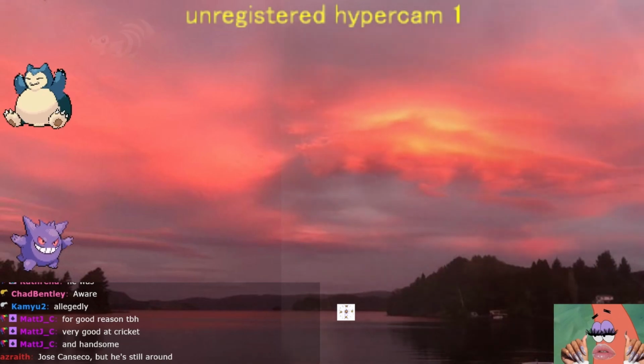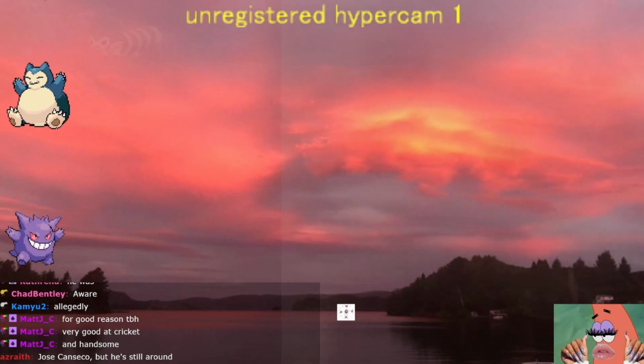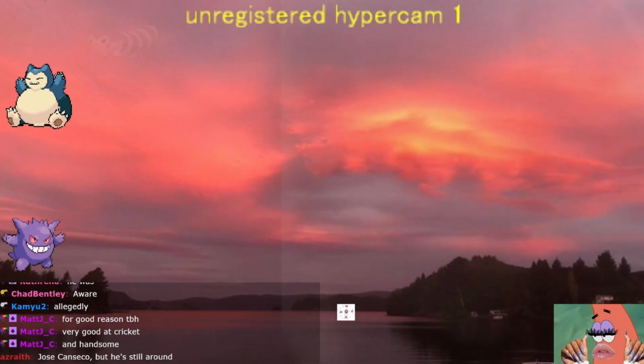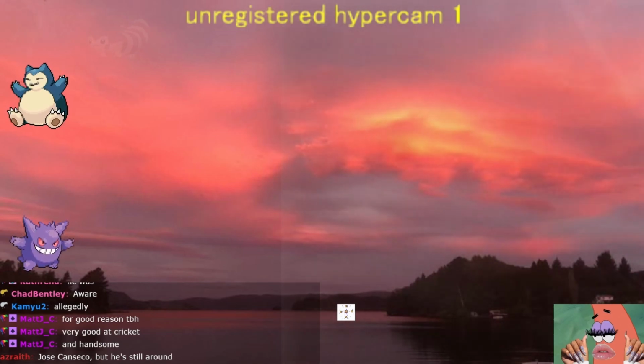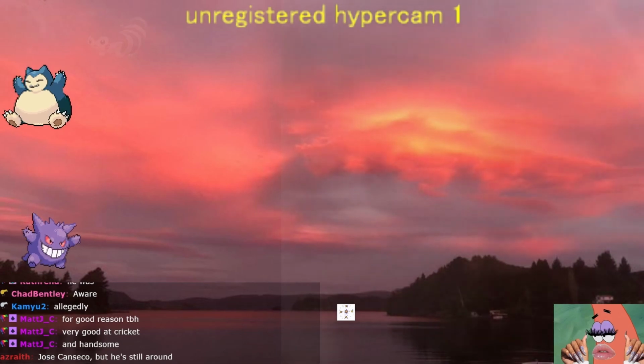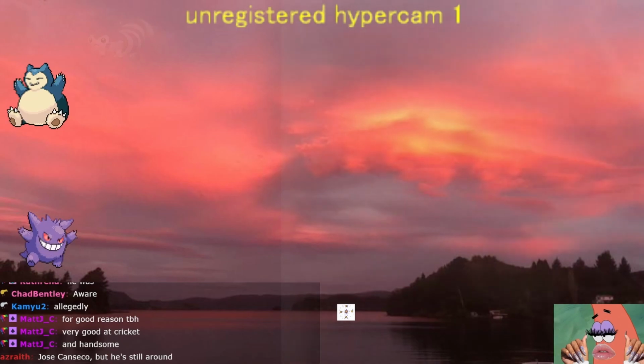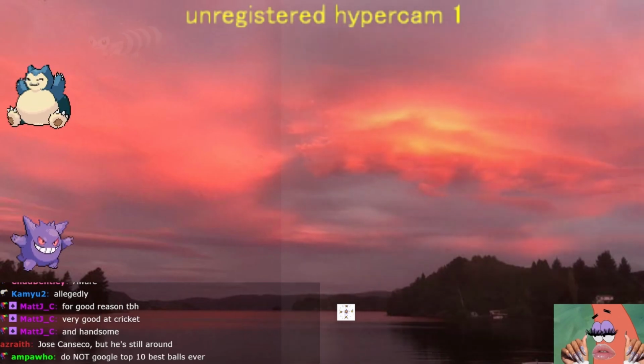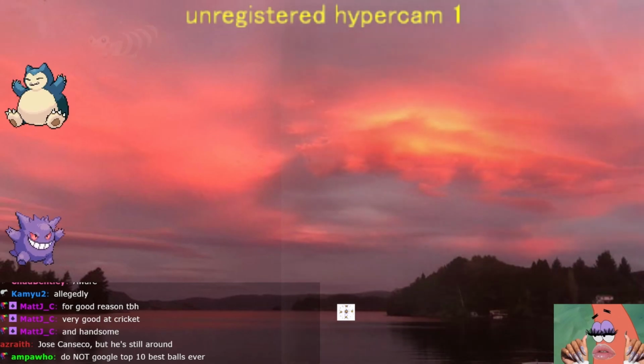I wonder if there's a, hold on. Cricket ball grips. I wonder if I can find a good image for showing the different ways that you grip the balls for different bowling types. Not really. There's a lot of crazy pictures on this page, actually.